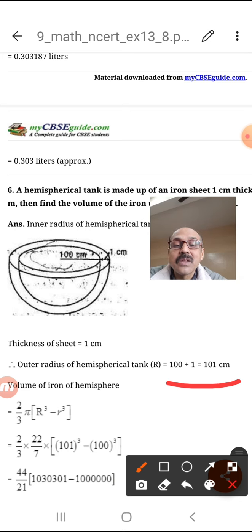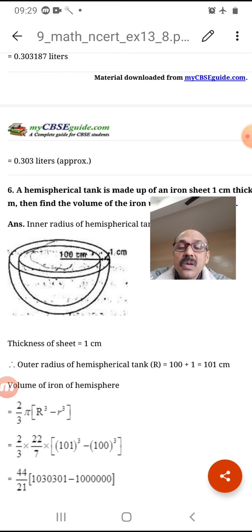Now the volume of the iron of the hemisphere is the total outer volume minus the inner volume, that is 2 by 3 pi R cube minus 2 by 3 pi r cube. Taking 2 by 3 pi common, R cube minus r cube. Capital R is the outer radius and small r is the inner radius. And 2 by 3 pi is 22 by 7, the outer radius is 101 and the inner radius is 100.